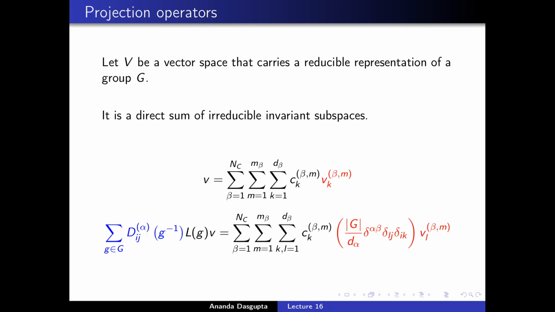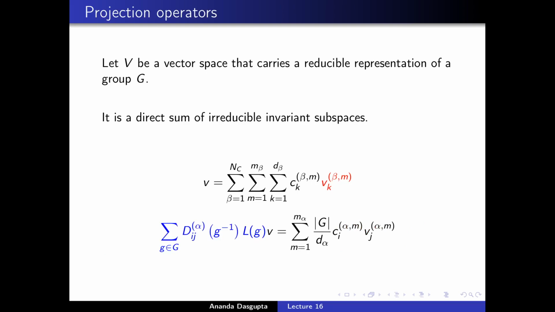Now that the great orthogonality theorem has given you so many delta symbols, it is easy to carry out the sums explicitly, and very trivially the sum just works out to be the sum over m equal to 1 to m alpha of mod G by d alpha, c i alpha m, v j alpha m.